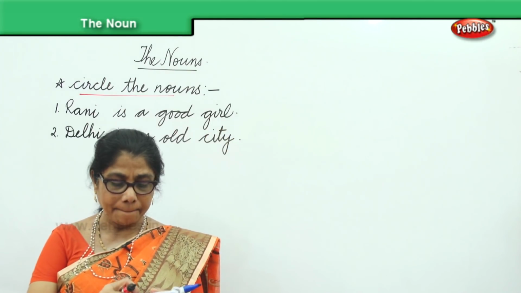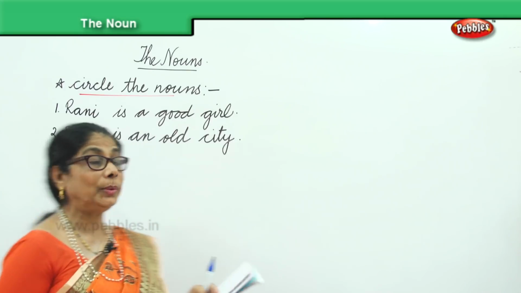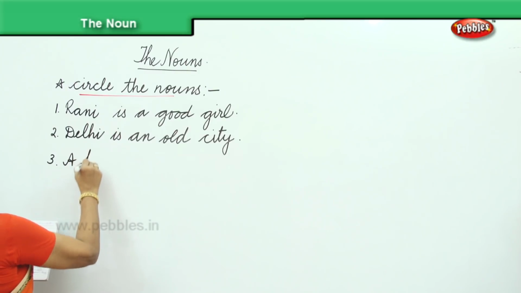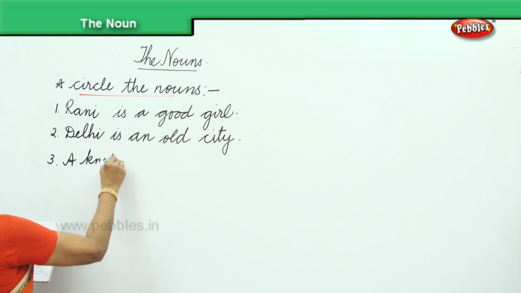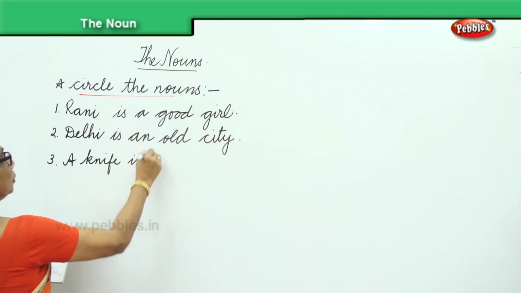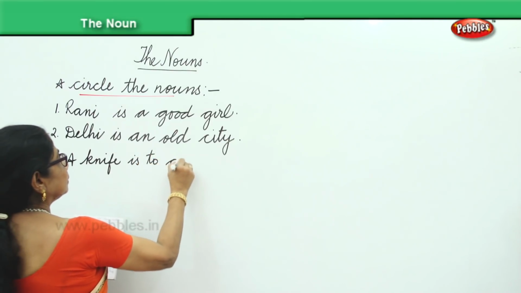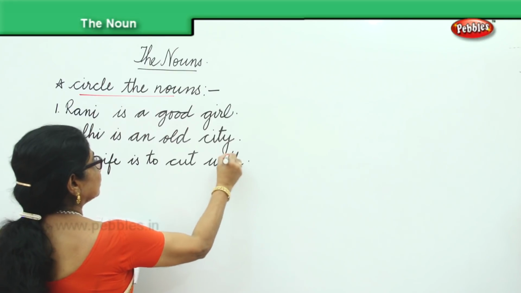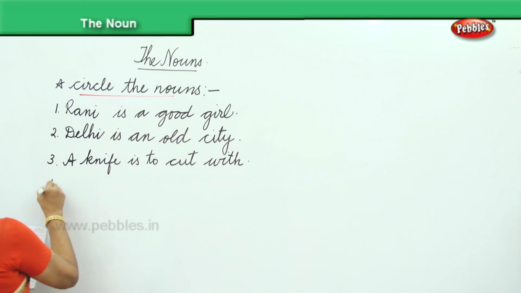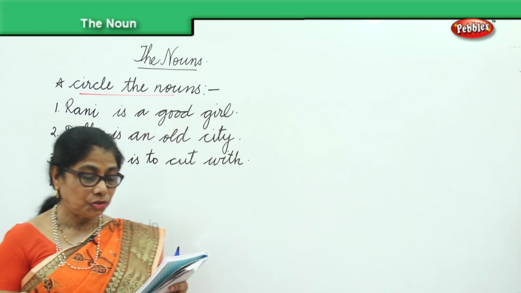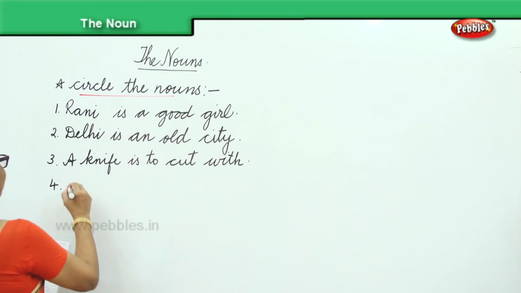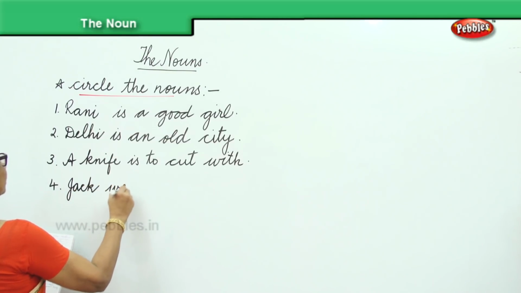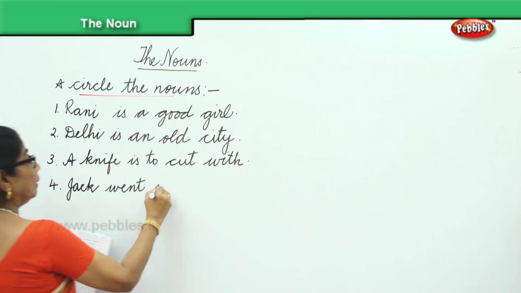Next we have a knife is to cut with. Next we have Jack went up the hill.